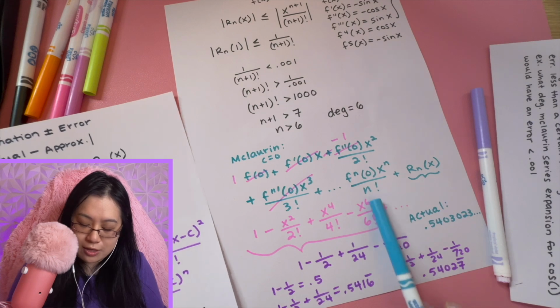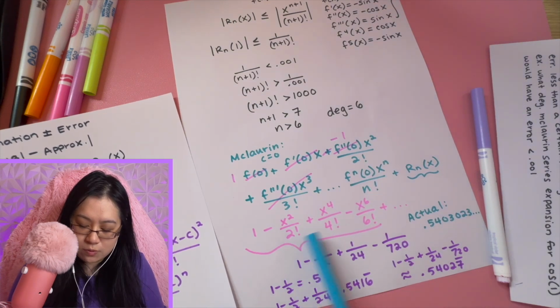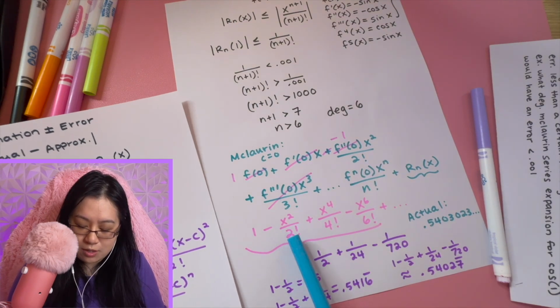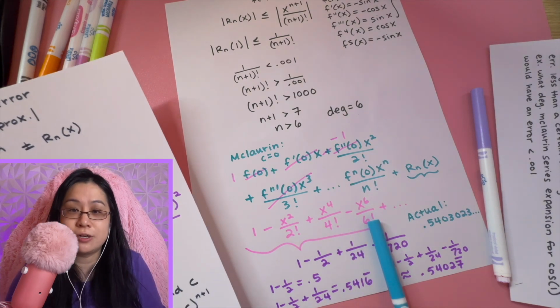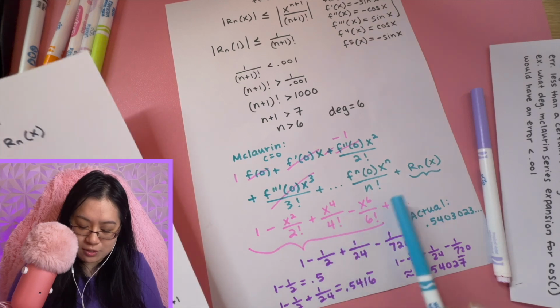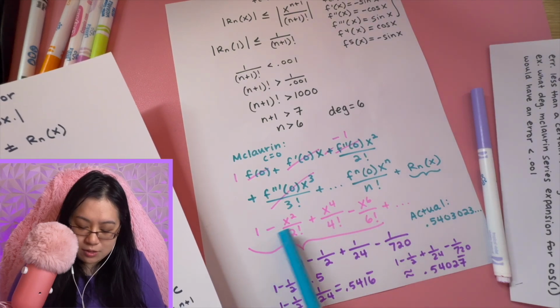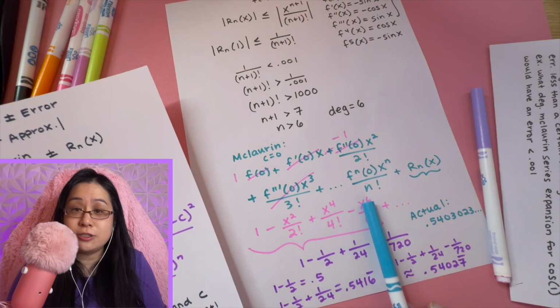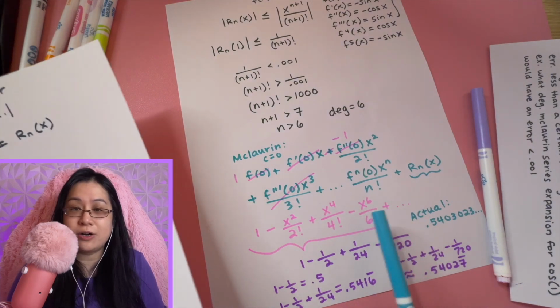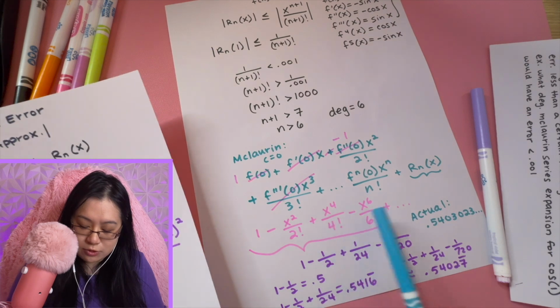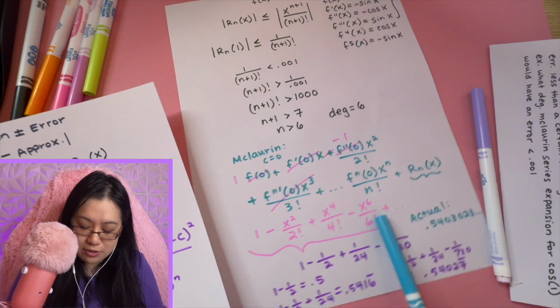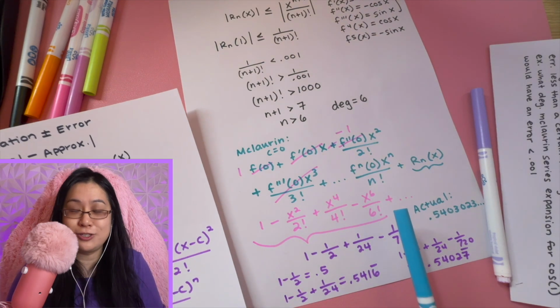And so you look at the exponents here, or the n factorial part, to give you a clue for what degree you're talking about. I think that could be kind of confusing, but stop at the degree that you're looking at. So if you're saying what's the error at degree 6, you would just calculate up to here, and then stop here, and then do your approximation.